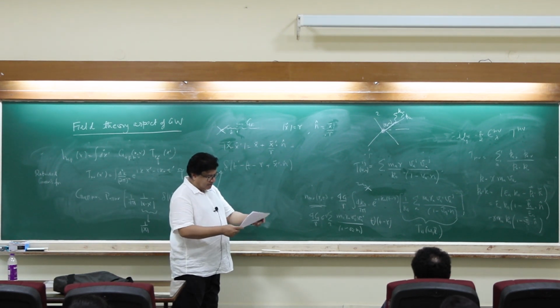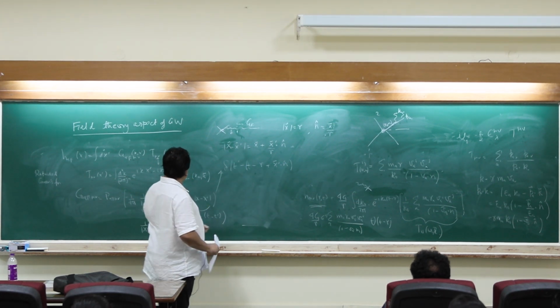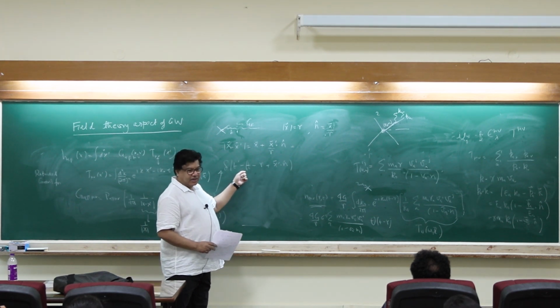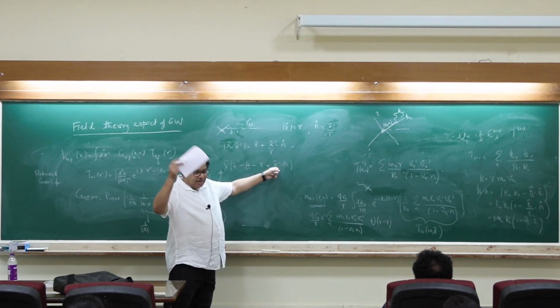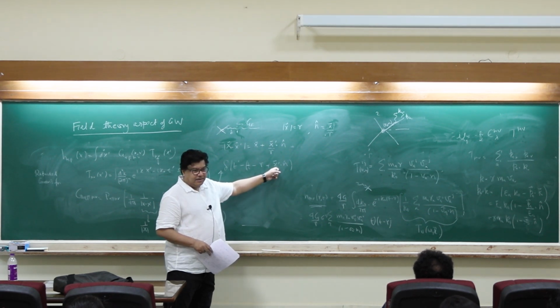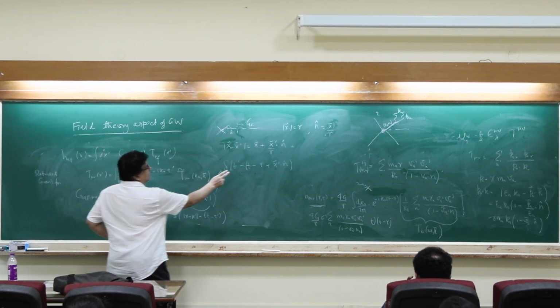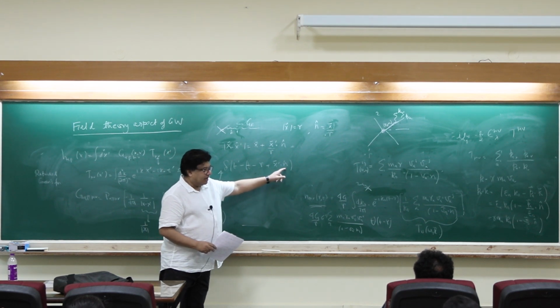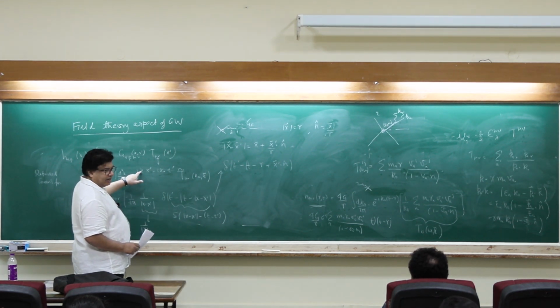I skipped the step, but okay. So replace the t prime here by t minus, then you will get x prime in the exponential. You will get an x prime dot n term, and there is already an x prime dot k term.